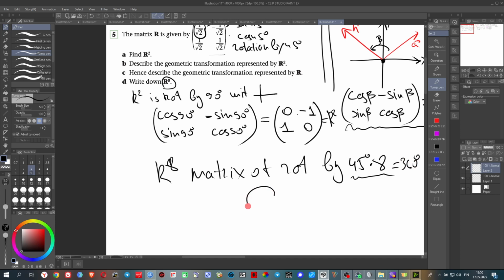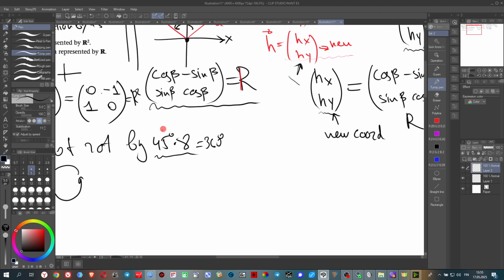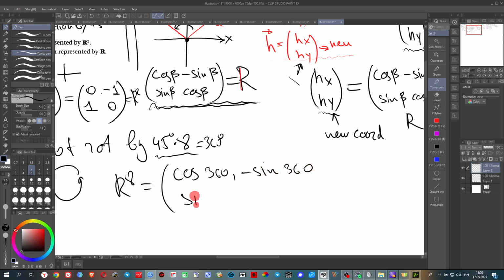So it is a matrix of complete rotation. This is a matrix of rotation by 360 degrees, and it should be represented like this. In our case, beta angle is 360. Let's write down what it would be. So r to the power of 8 equals cosine 360, minus sine 360, sine 360, and again cosine 360.